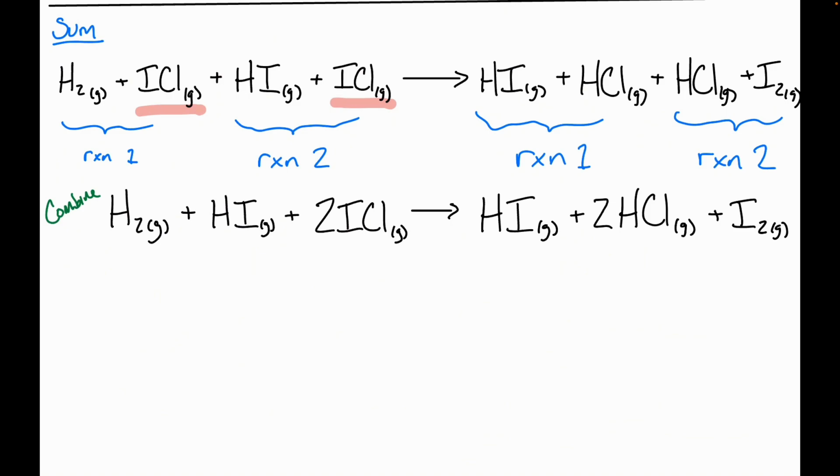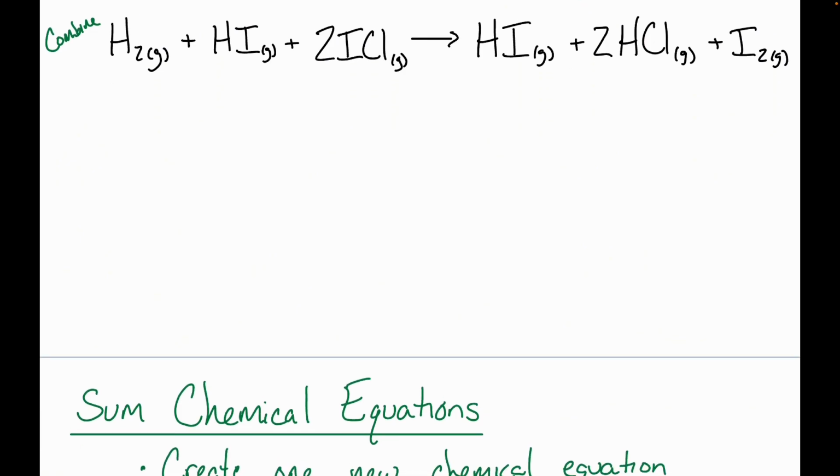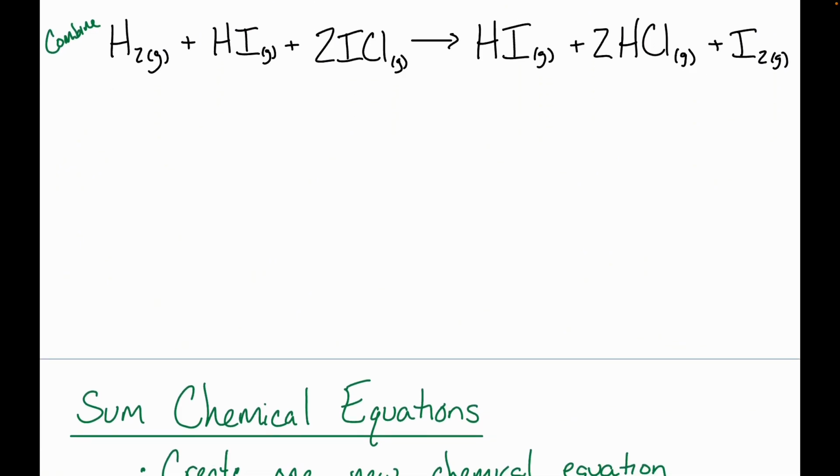All right, but in this reaction here, we see that we have HI on the reactant side and HI on the product side. So it's apparently being consumed and produced. That just means it's not actually involved in this chemical reaction. So the last step for simplifying is to cross out anything that appears on both sides of our chemical equation.